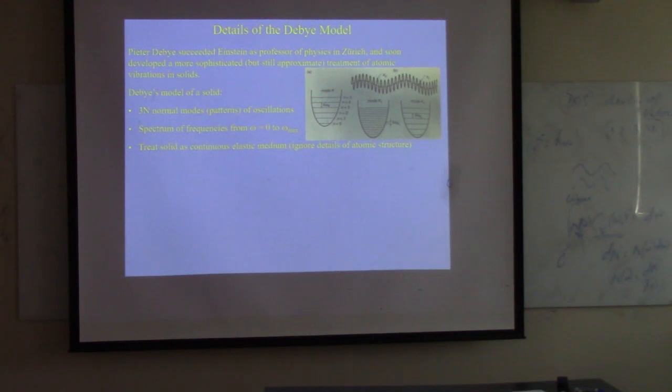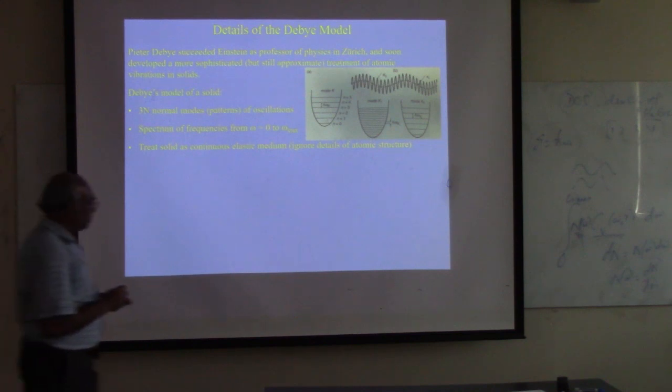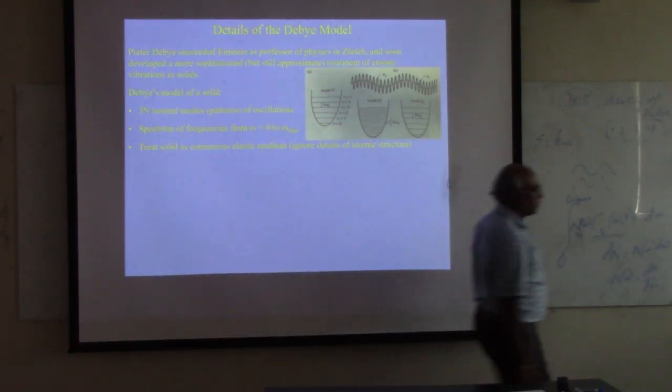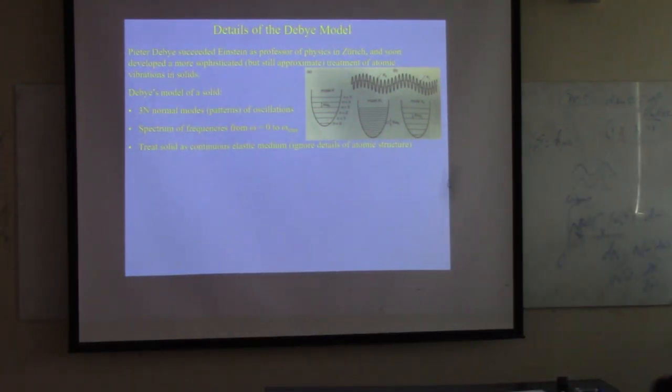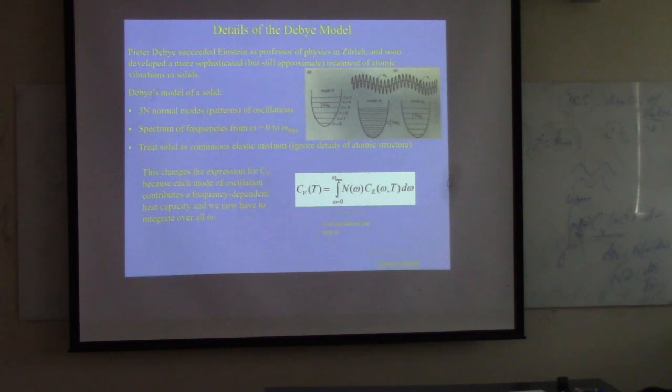Once you know omega and k, you can calculate d omega over dk, right? Then from there you can calculate n omega. That's the approach we are trying to do. So first we need to have that k space, right? So how do we do that?